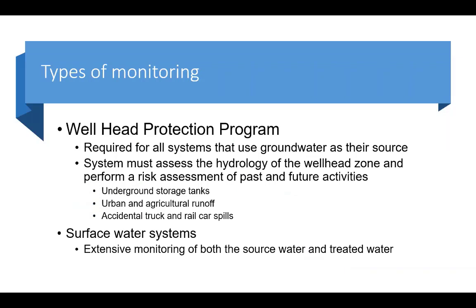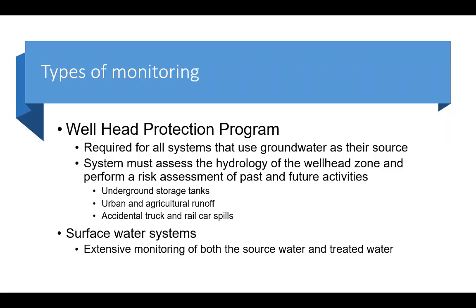We also have specific programs of monitoring. So we have, for instance, a wellhead protection program. All systems that use groundwater as their source are required by law to have a wellhead protection program. Michigan State has one.